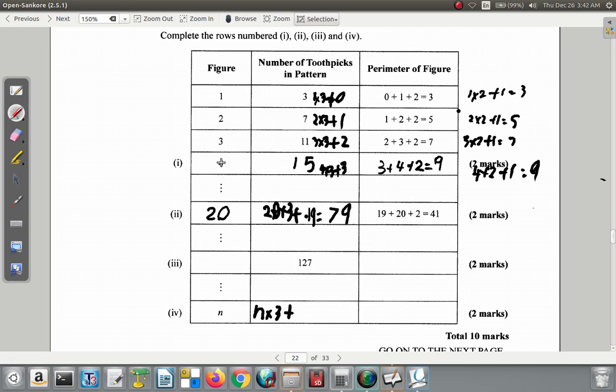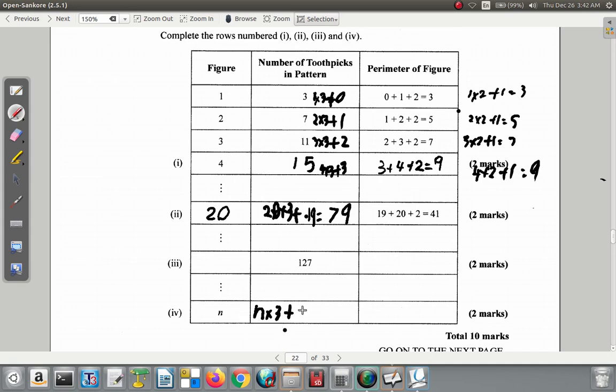This 3 here is 4 minus 1. This 2 here is 3 minus 1. This 1 here is 2 minus 1. This 0 here is 1 minus 1. So it seems as if the first number we have is the figure minus 1. Alright? Trace it and you see the pattern.